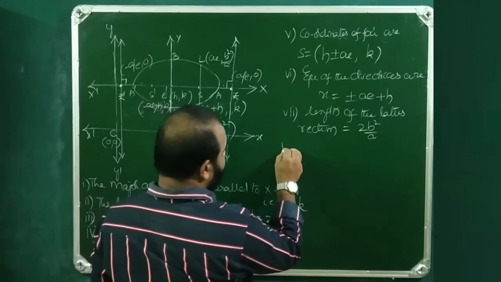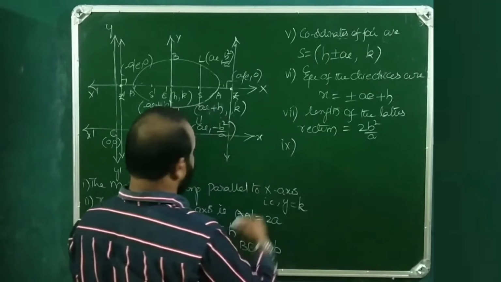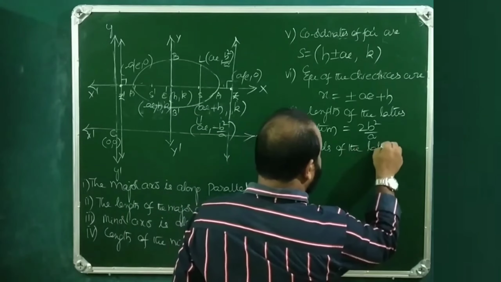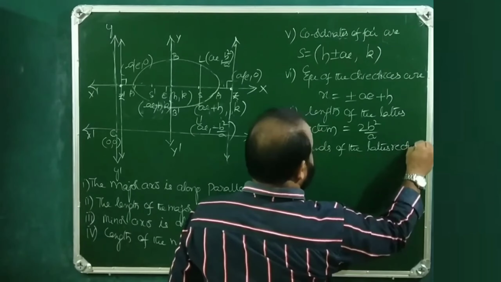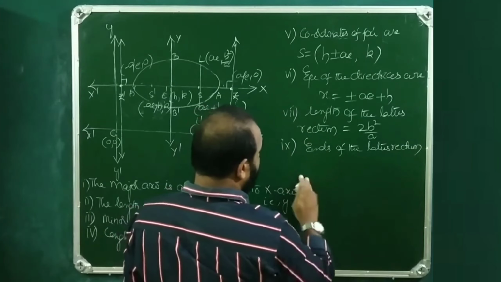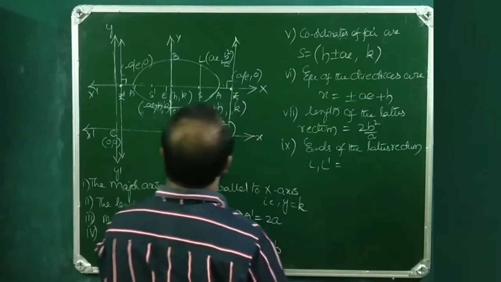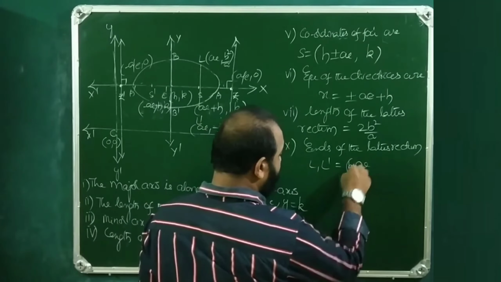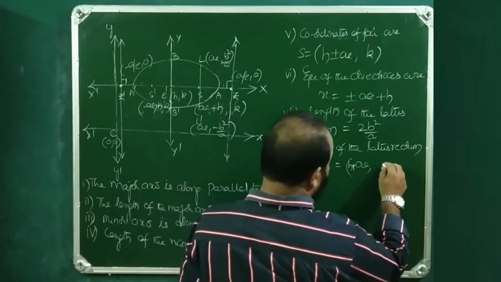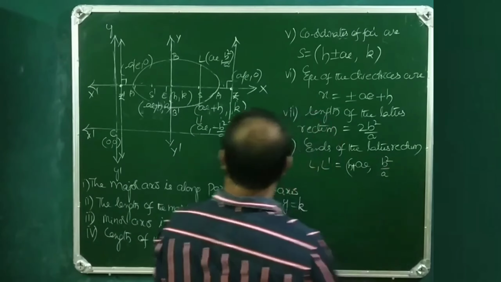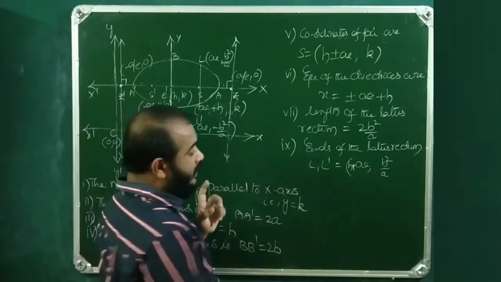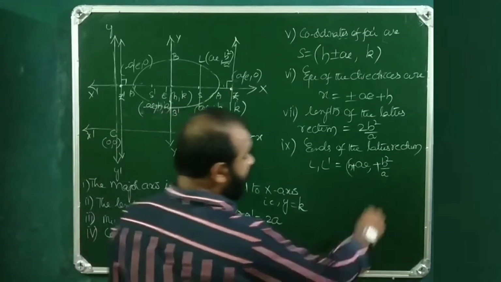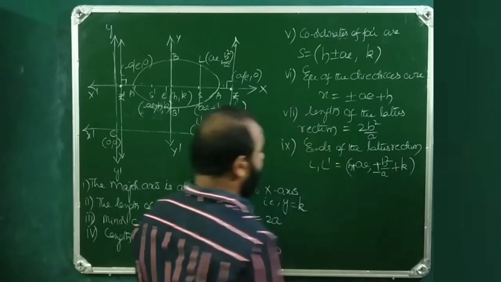So these are the ends of the latus rectum. Ends of the latus rectum, L comma L dash, are (ae + h, b square by a + k) and (ae + h, minus b square by a + k), where plus k would be added additionally.